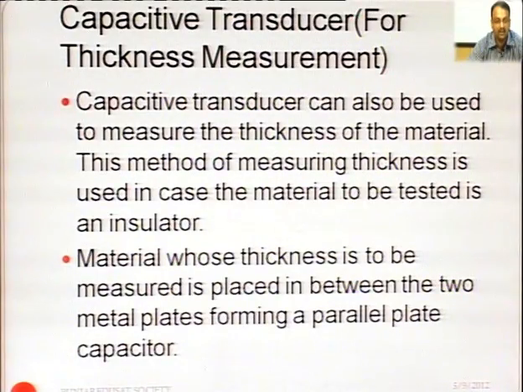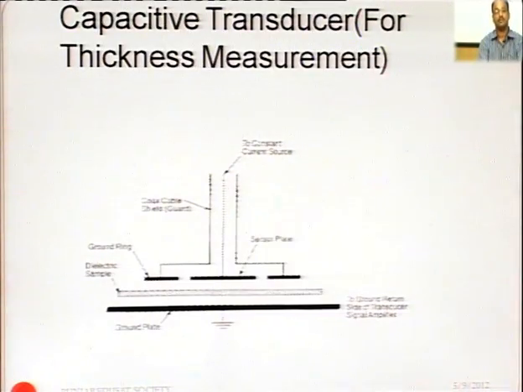The material whose thickness is to be measured is placed between two metal plates, forming a parallel plate capacitor. In the diagram there are two parallel plates: this is a ground plate, this is another plate, and the upper plate is movable. The dielectric material whose thickness is to be measured is placed between these two plates.